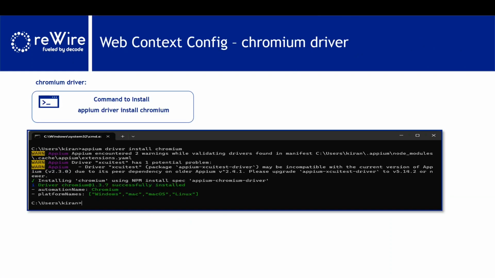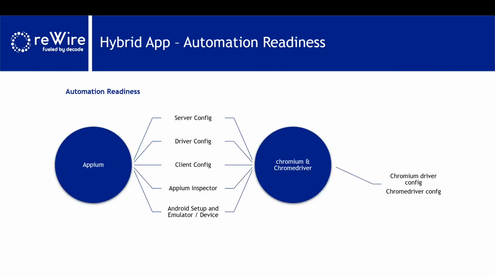Once the configuration is done, with Appium and then Chrome, we are set for hybrid app readiness, and then you can come up with the implementation, which I'm going to cover in the next slides.